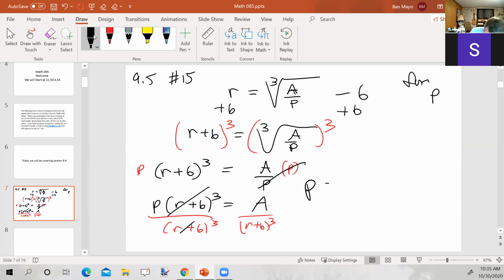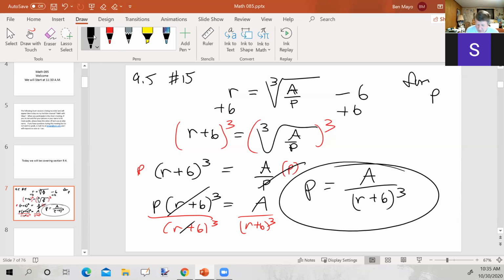So I end up with P equals A divided by the quantity R plus 6 cubed. Now, I hope you didn't take the R plus 6 and multiply it all out. I suppose you could, but it wasn't necessary. We all right with that problem? Any questions there?